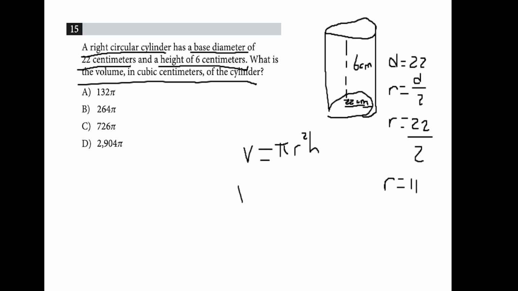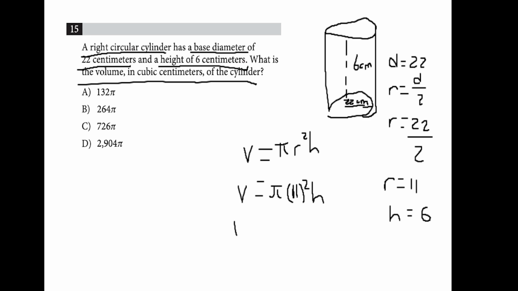So we can say V is equal to pi times 11 squared times our height. We have our height over here, so we can say our height is 6 centimeters.